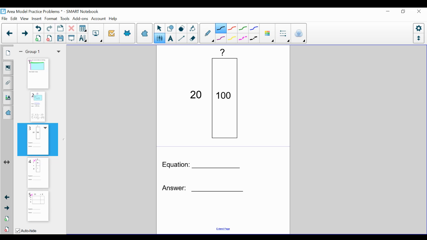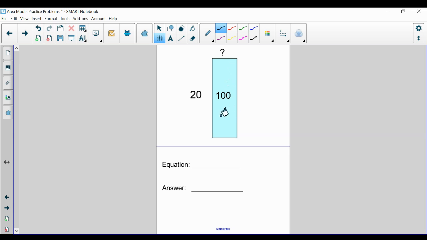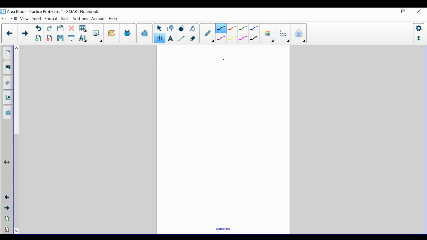Okay. Next one here. So we have 20. Now this one's a little different because we already know our area. We know our area is 100. So that means our equation here is 20 times something equals 100. Now again, if you're thinking to yourself, I don't know 20s, I don't know 30s, yes, you do. If you know 2s and 3s, you know 20s and 30s, okay?